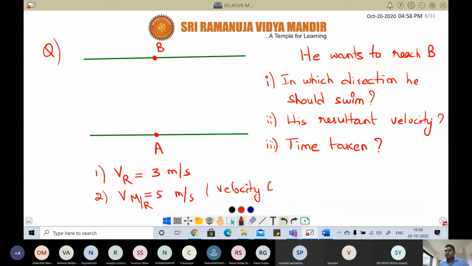Velocity of man in still water means this only. It is nothing but with respect to river. Width of the river you take as 1000 meters.